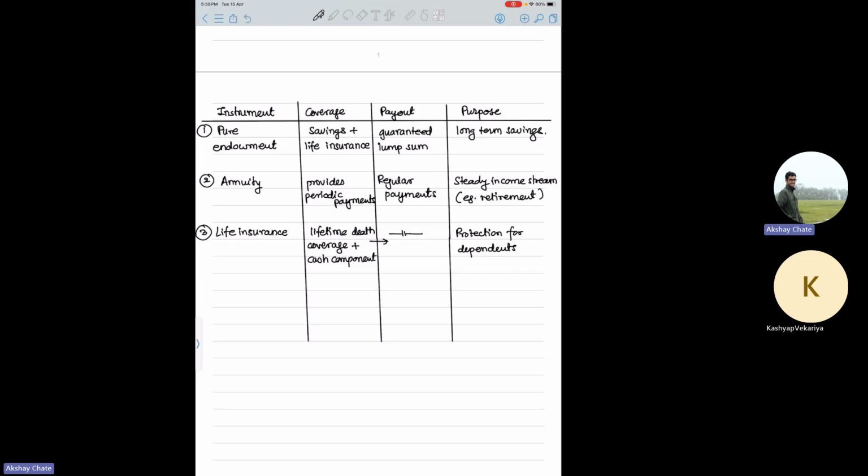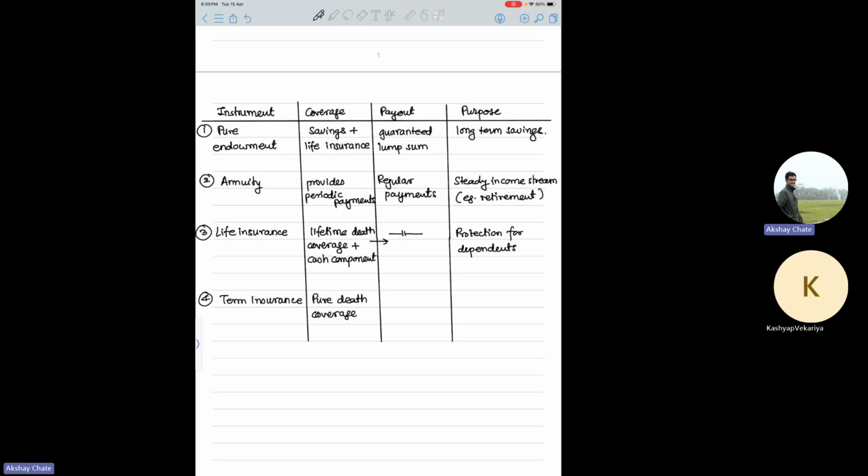And then you have something called term insurance. So term insurance is actually cheaper than life insurance because it is purely for death coverage. Okay, so it doesn't give you any cash component, etc. And in case of death also, it is a pure death coverage.